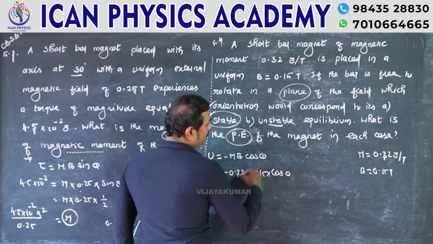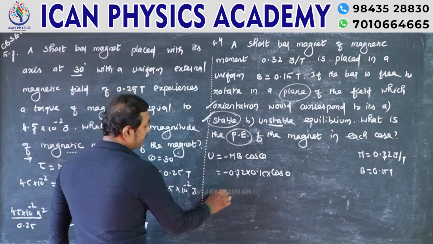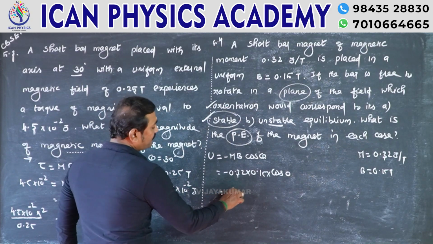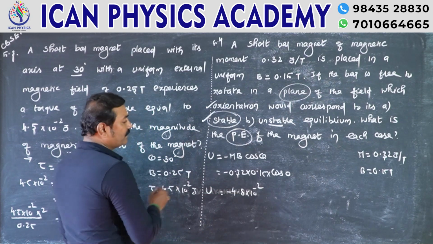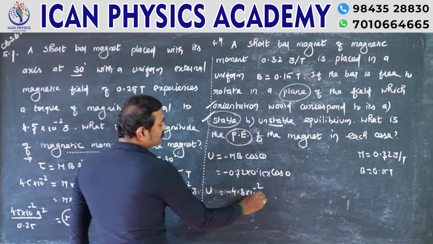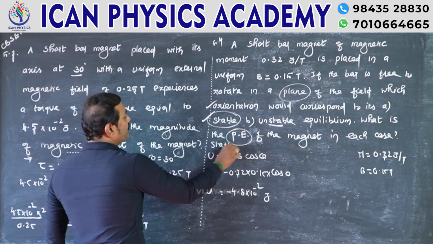Cos 0 is 1. So what is the value? Minus 4.8 into 10 to the power minus 2 is the potential energy. Its unit is joule. That is for the stable case.